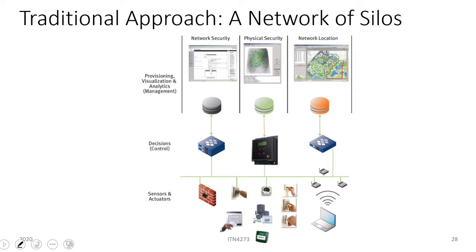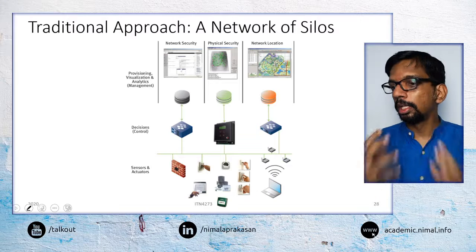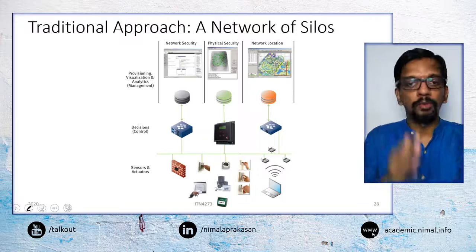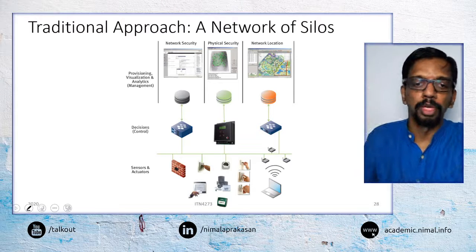So when we think about this metadata access point, or MAP, the main difference that we have here is a major shift from the traditional approach to networking or network security implementation. In the traditional approach, what we have are these silos of different things.